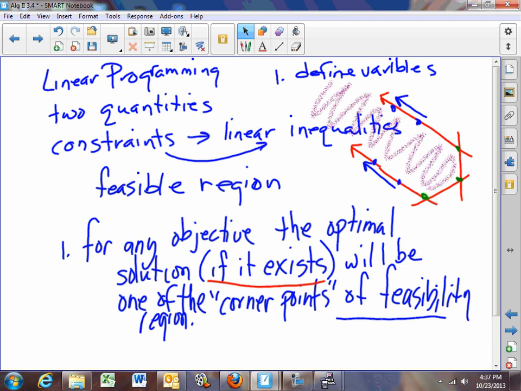So if your feasibility region is unbounded, most likely you'll have an optimal solution in one direction, either maximum or minimum, but not in the other direction. So when you have an unbounded feasibility region, you need to try a couple of points along the line towards which the feasibility region is unbounded, and whatever direction the objective is going in that particular direction, there will not be an optimal solution in that direction. It'll just keep on going farther and farther and farther.